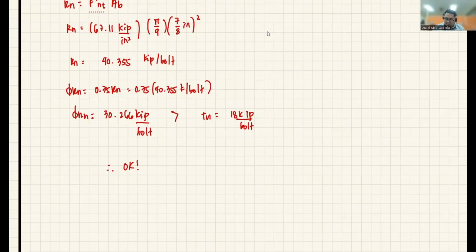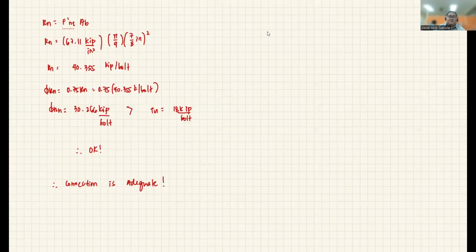So, ang pinaka-conclusion natin, connection is adequate. Kasi pumasa siya dun sa lahat ng limit state natin, for shear, for tension, tsaka for combined loading or yung interaction natin ng capacity. Okay.